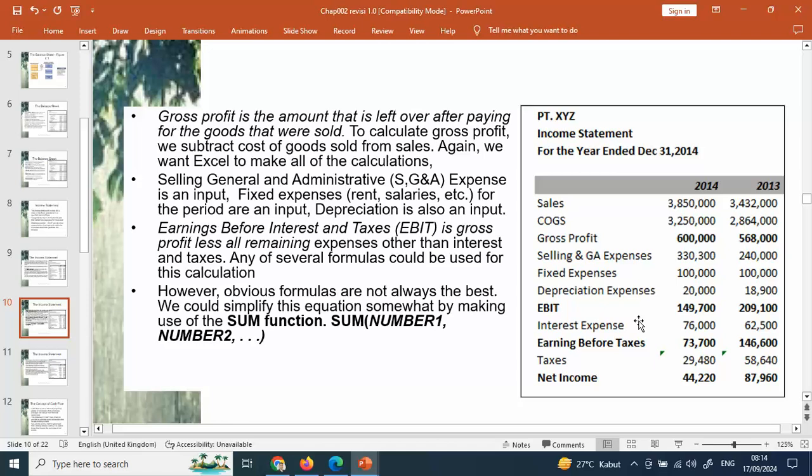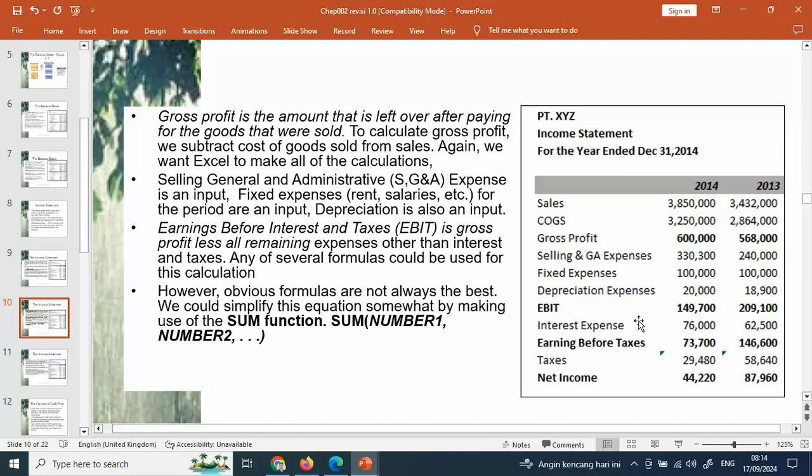How much is depreciation for a year? 30 million. 300 million divided by 10 years. So that is depreciation on cars.